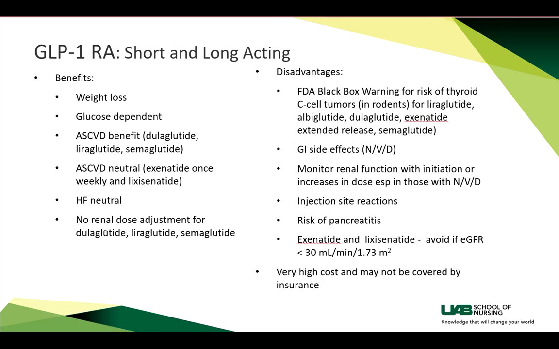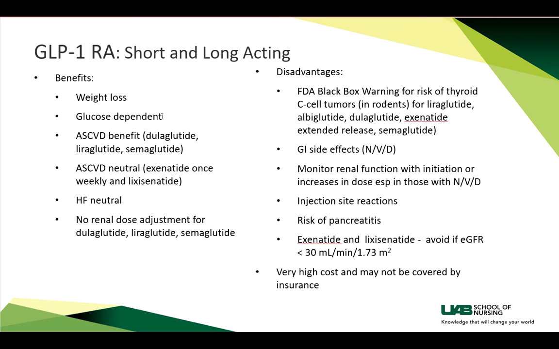There is no renal dose adjustment for liraglutide, the semaglutide, and the dulaglutide. So that's good news. Now, look over at the disadvantages, though. I've kind of tried to align these as we go across, but there is an FDA black box warning for the risk of thyroid C-cell tumors in rodents for liraglutide, albiglutide, dulaglutide, and the exenatide extended release, as well as semaglutide.